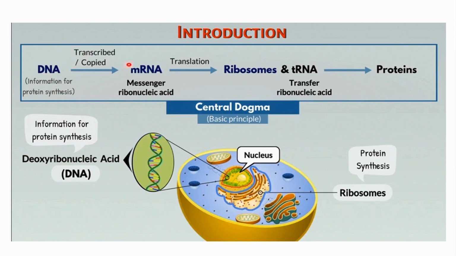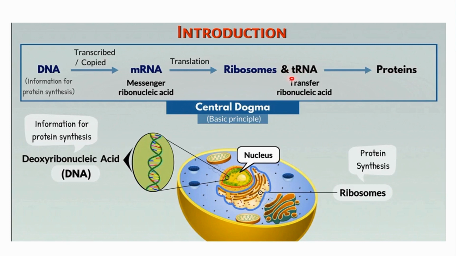DNA has some information, and it is copied to mRNA by the method of transcription. We are going to learn that in the next part. By transcription, we just copy this DNA information to mRNA. From that mRNA, with the help of translation, it is copied to ribosomes.